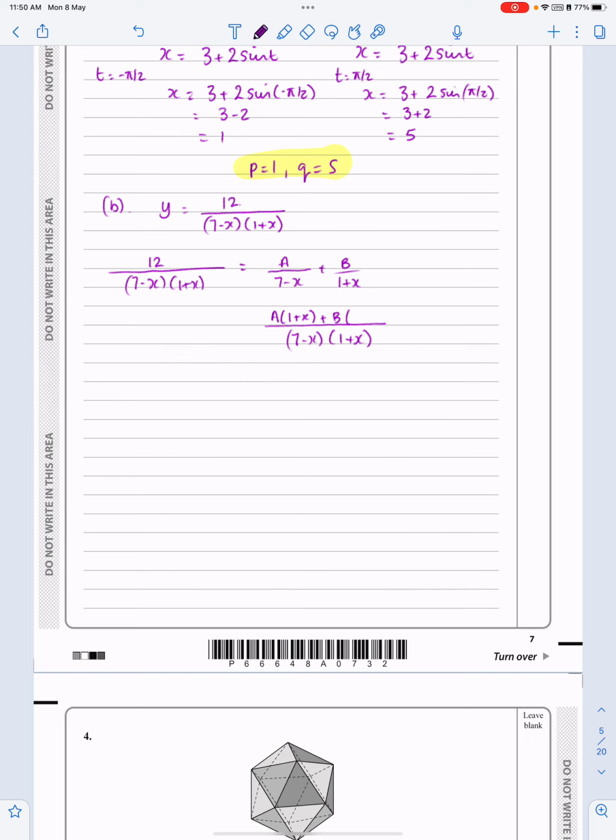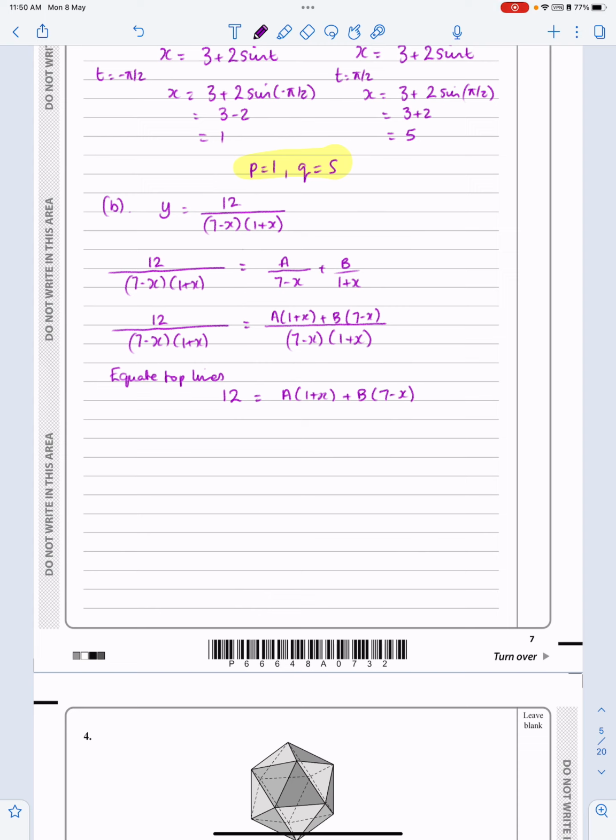So we end up with that. That's all equal to the first part. And now what I can do is equate the top lines. If I equate the top lines, these two fractions are the same as each other. So I get that 12 equals a 1 plus x plus b 7 minus x.